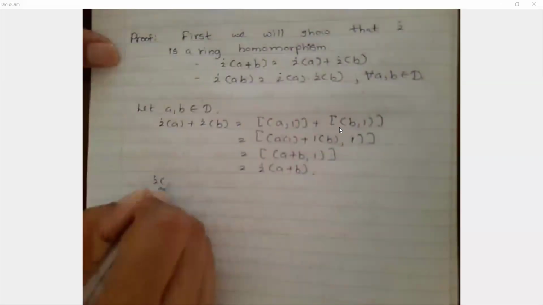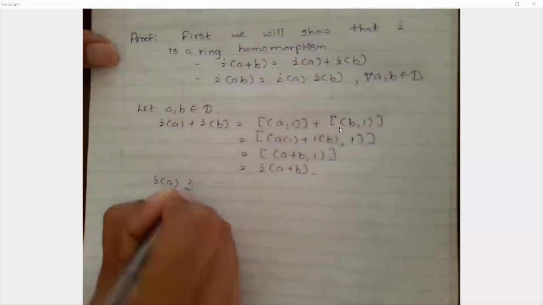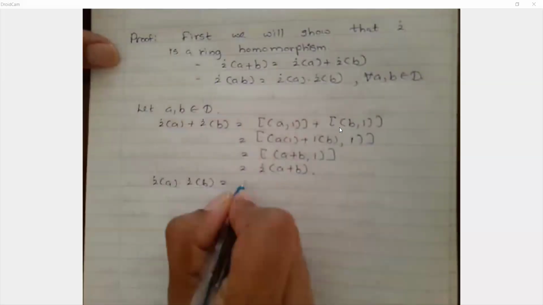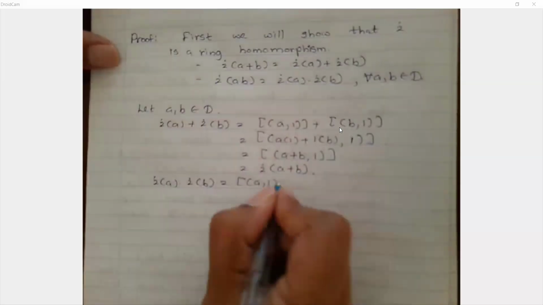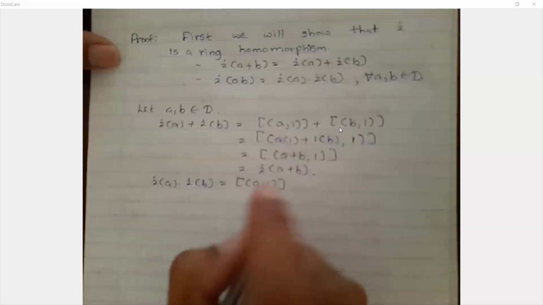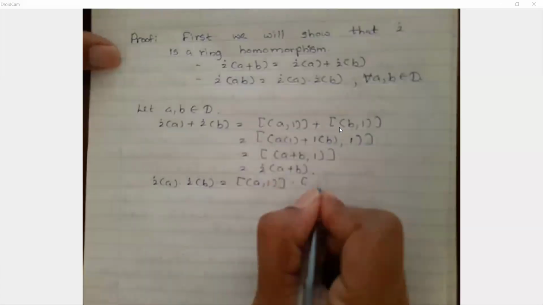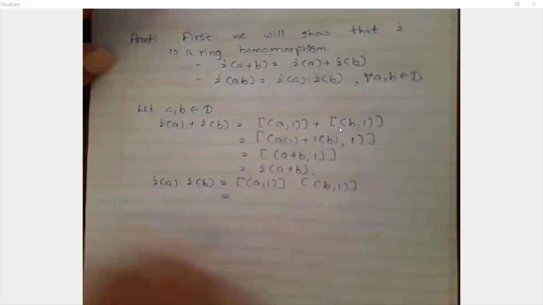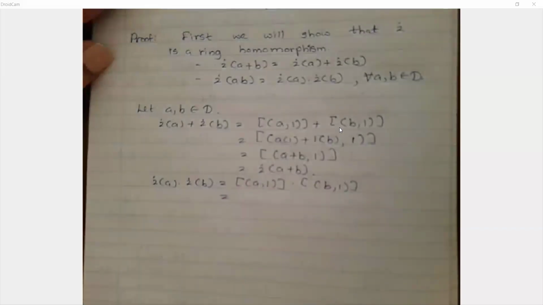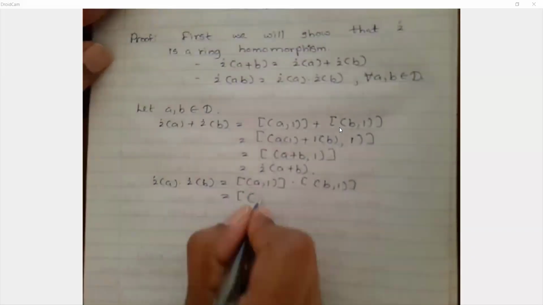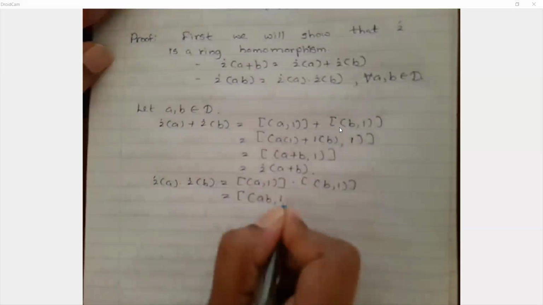That is I of A times I of B. This is equal to the equivalence class A1 times the equivalence class B1. And we know multiplication is defined on F. Using that definition, we see that this is equal to A times B, 1 times 1 is 1.